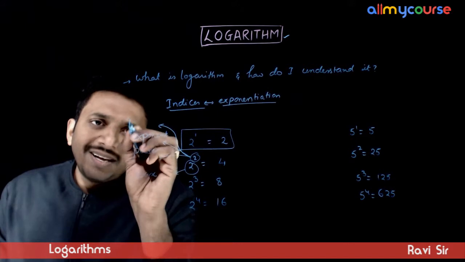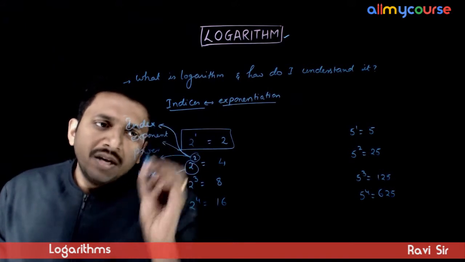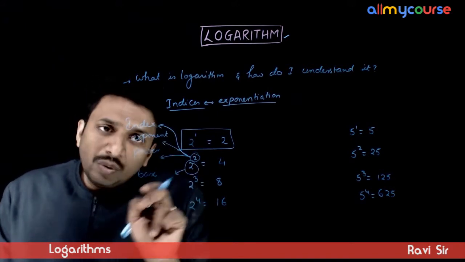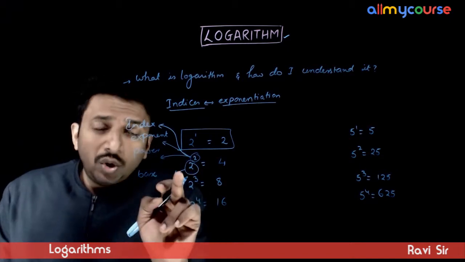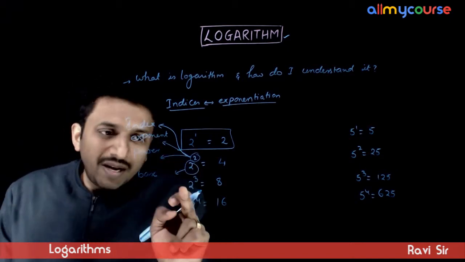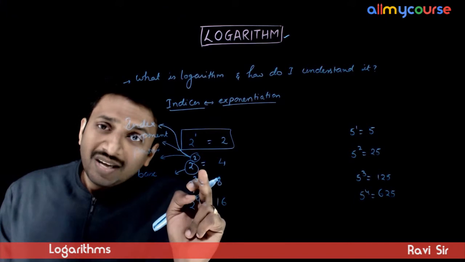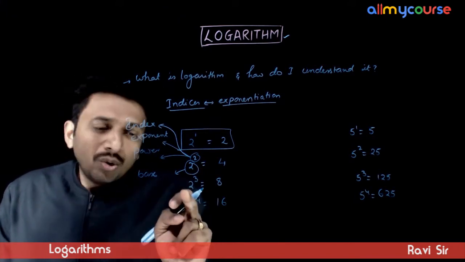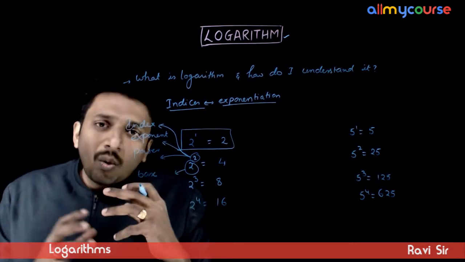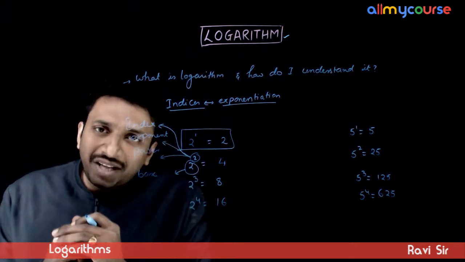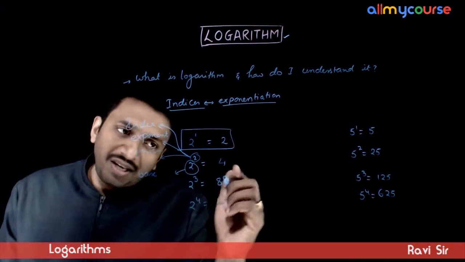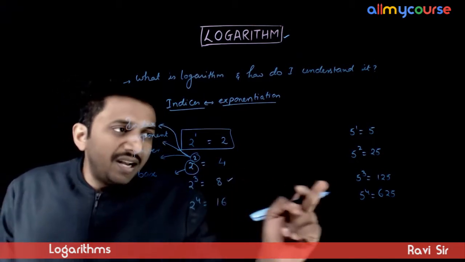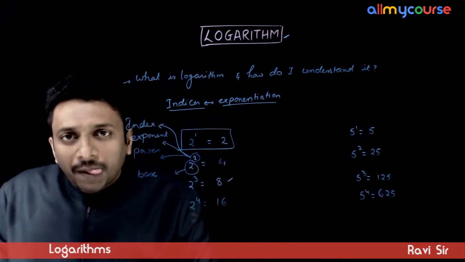This is also called index. 2 raised to the power 2, 2 raised to the exponent 2, 2 raised to the index 2. Similarly, 2 raised to the power 3, 2 raised to the exponent 3, 2 raised to the index 3. Whatever you want, you can say. So 2 raised to 3 is equal to 8. Similarly, 5 raised to 3 is 125.